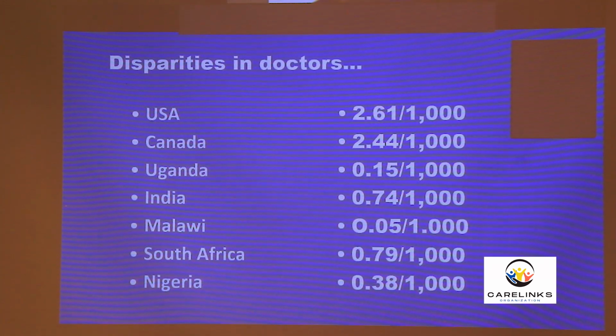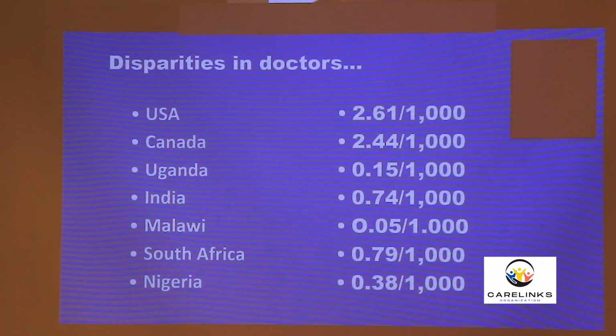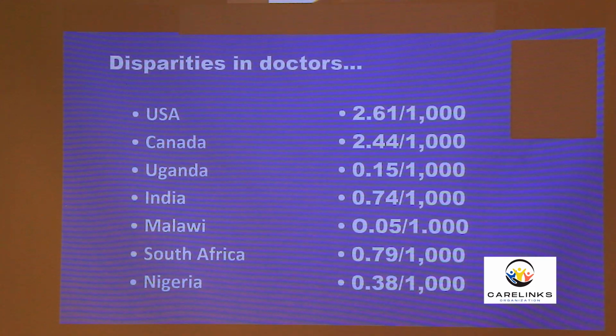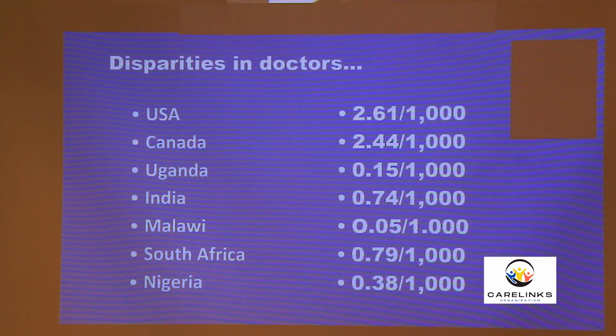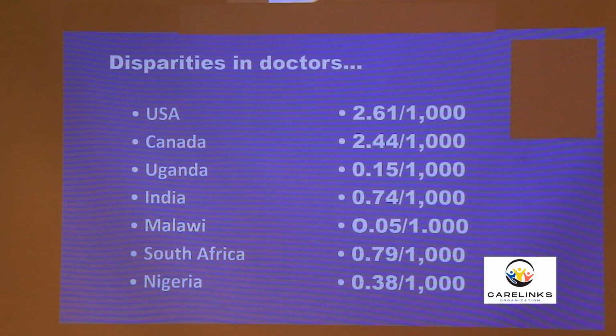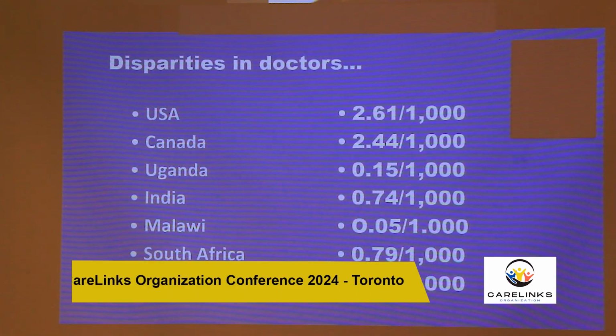There are many disparities in healthcare, nurses and doctors. This is data about the number of doctors per thousand population. And you can see the US and Canada are fairly equivalent. But when you get down into the African countries, India, a little bad, but take a look at Malawi, where it's 5 per 100,000 population compared to 2.6 in the US for 1,000.